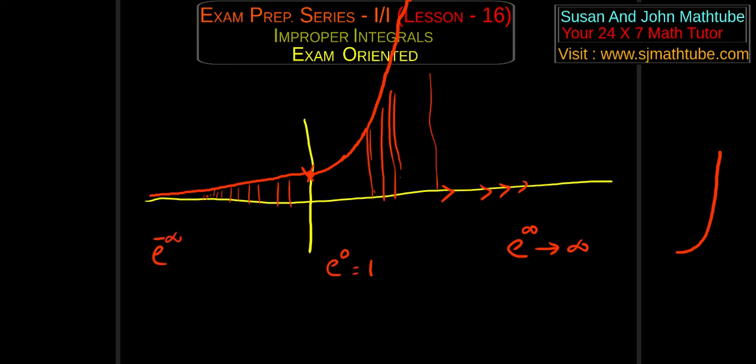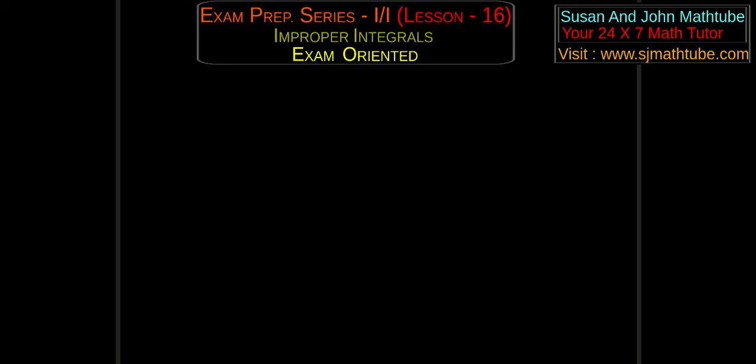So e power minus infinity tends to 0. So if you remember this hockey stick, you will never forget the values. And if you don't want to remember the graph, you just remember these values.